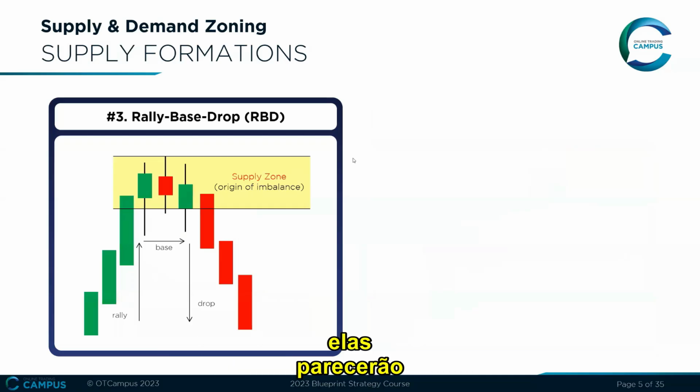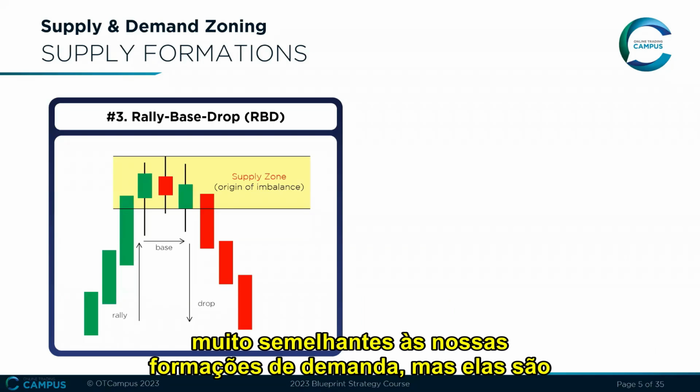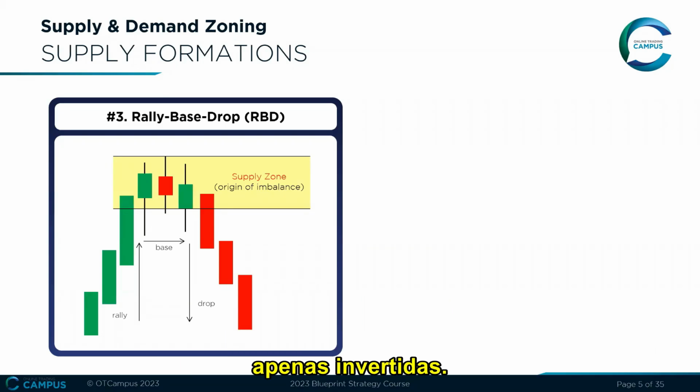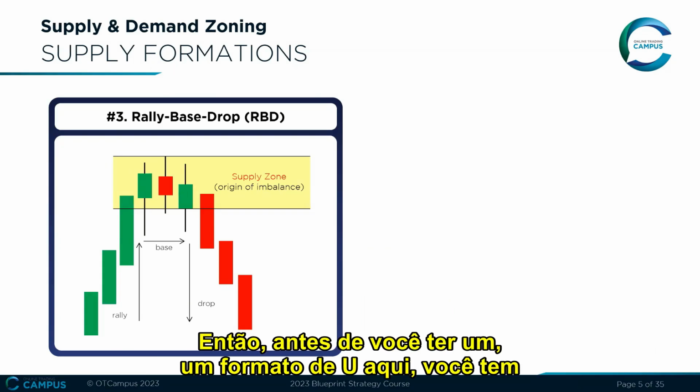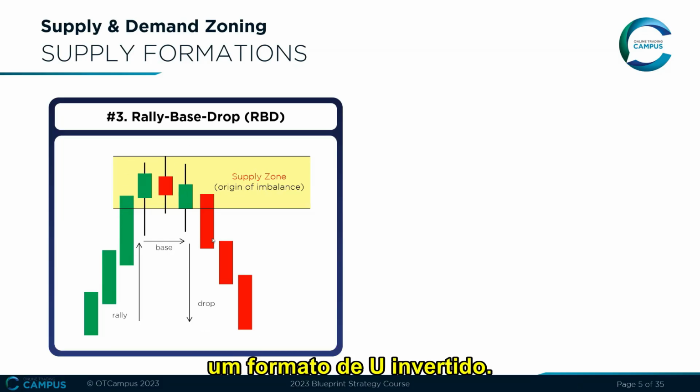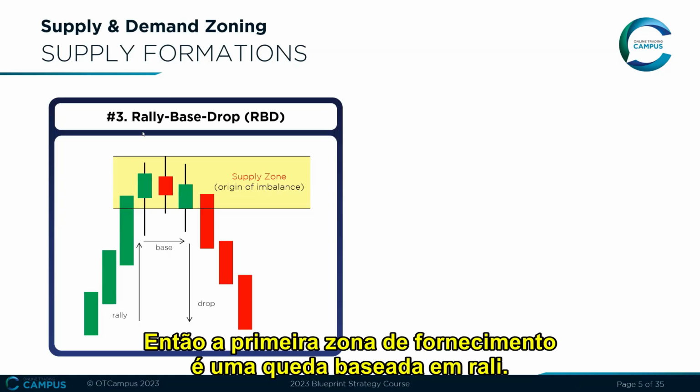Now our supply formations, they will just look very similar to our demand formations, but they're just inverted. Before you had a U shape, here you have an inverted U shape. So the first supply zone is a rally-based drop.